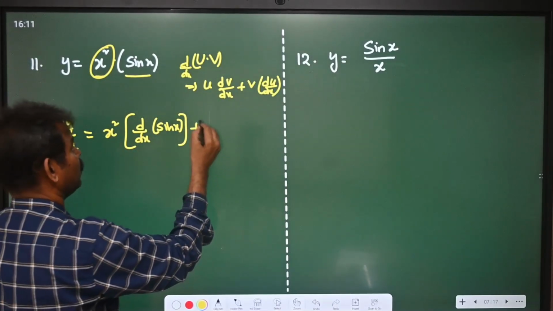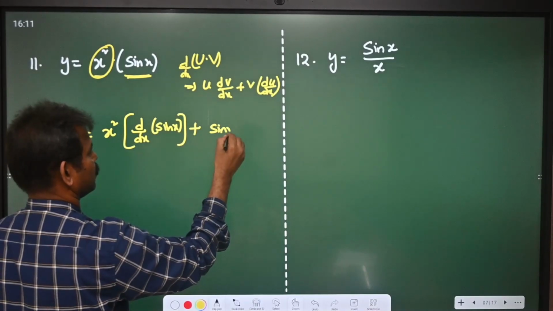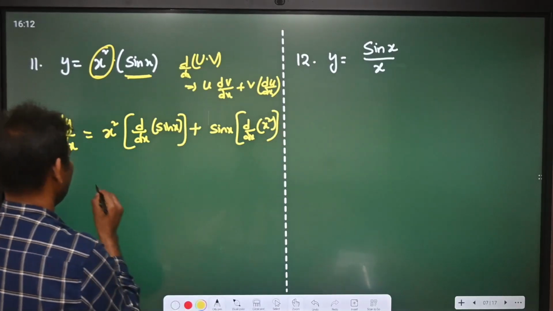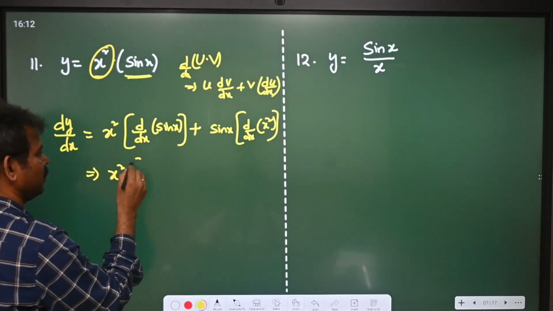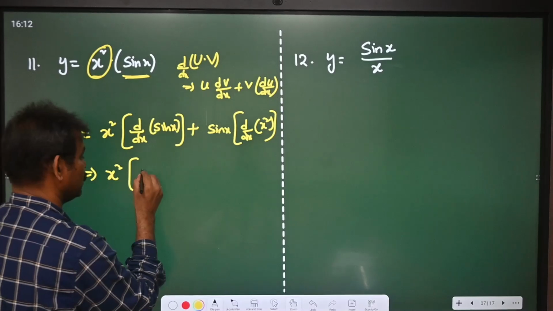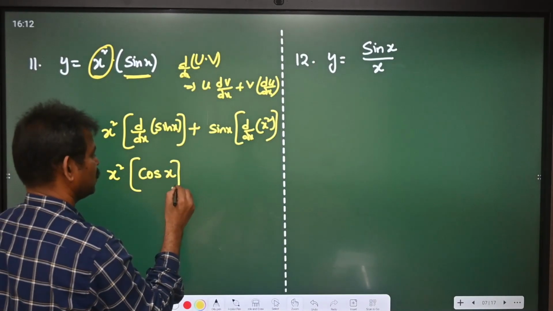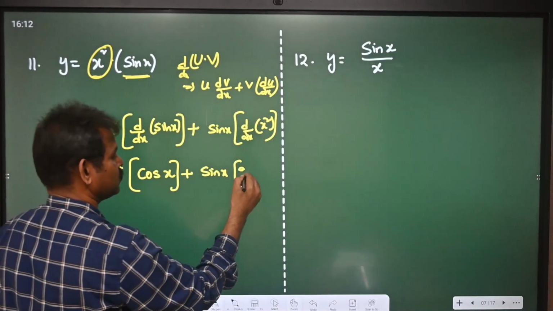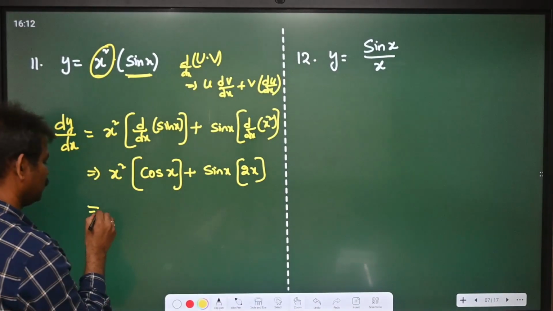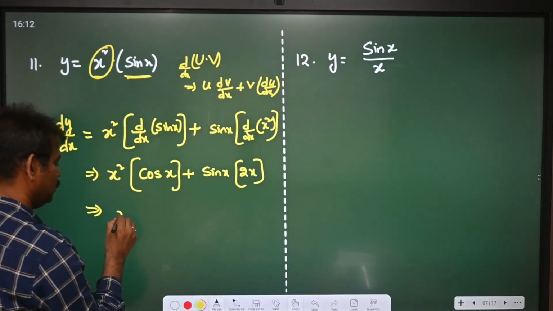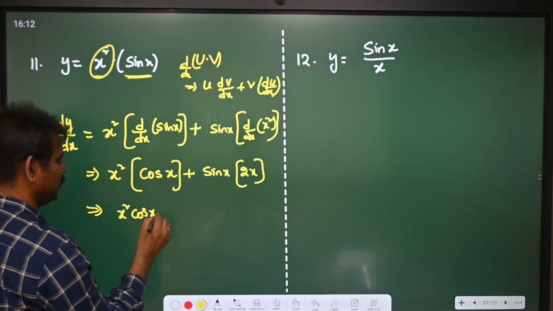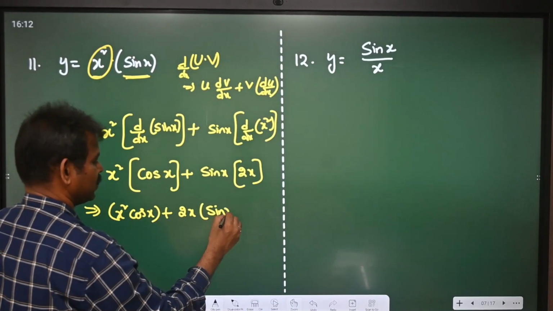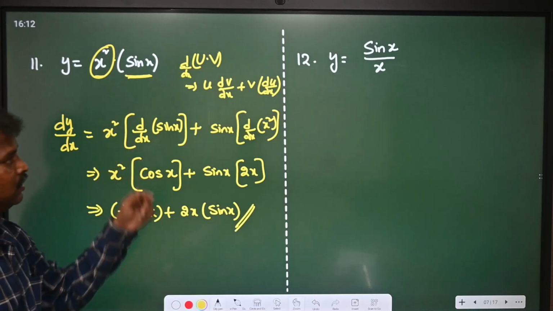Derivative of sin x is cos x, plus this is sin x, and the derivative of x square will become 2x. So the answer is x square cos x plus 2x sin x for this question.